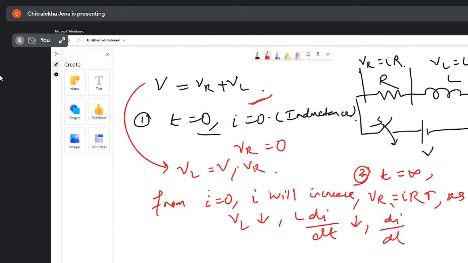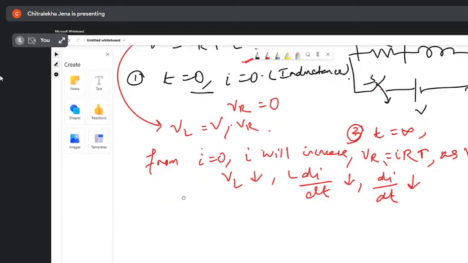This will decrease. Understood or not? Got it or not, all of you? Now here it is decreasing. Now it will decrease and decrease and decrease. The process will go on and becomes 0.